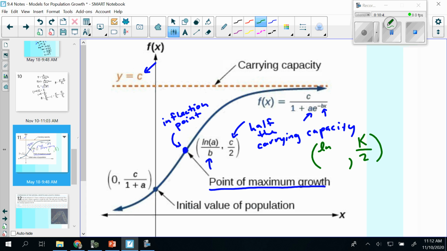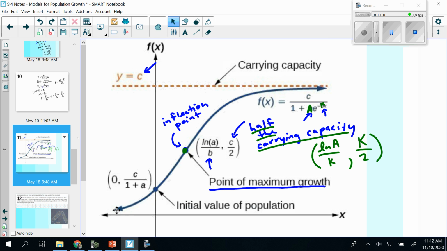This would be the natural log of capital A, because that's what we had here. And then we were using little k for this. So this would be little k. So that would be what that would end up being. The big thing you want to remember with this is that the inflection point is always going to end up being half the carrying capacity for the y value. And then you should be able to, if needed, solve for that x value from there.